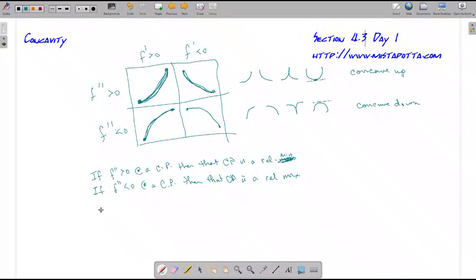But if my second derivative is 0 or undefined at a critical point, then it is inconclusive.